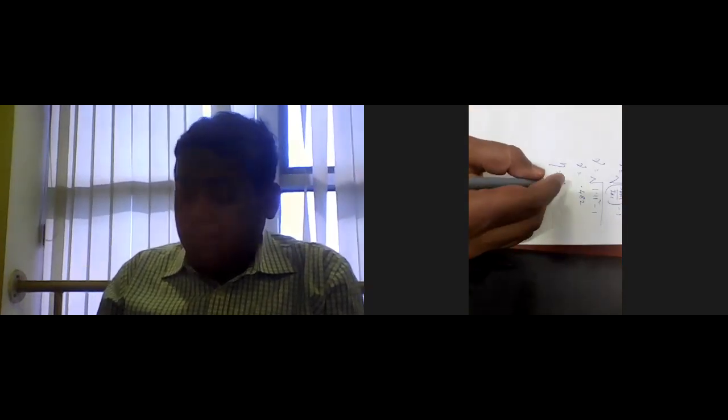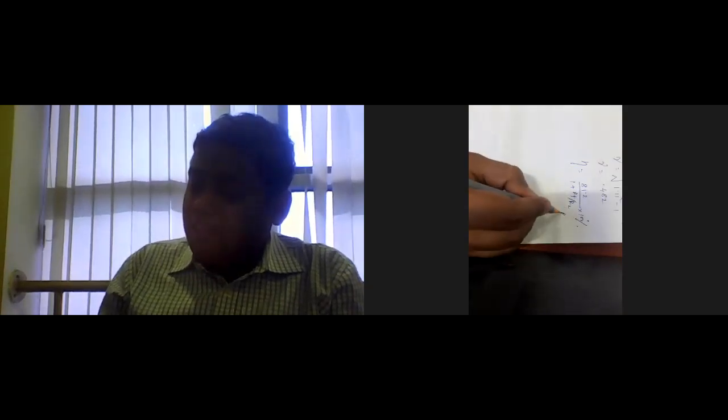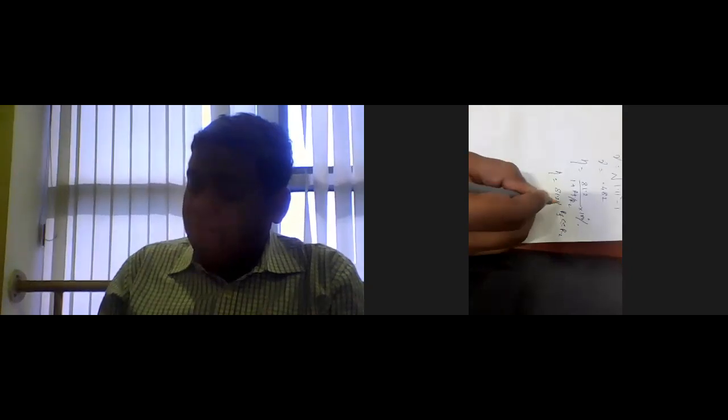The ripple factor is 0.482, and eta, if we evaluate the value of eta, is 81.2 divided by 1 plus RF by RL, into 100%. If we consider RF much less than RL, then eta equals 81.2%. So what is the value of IDC?